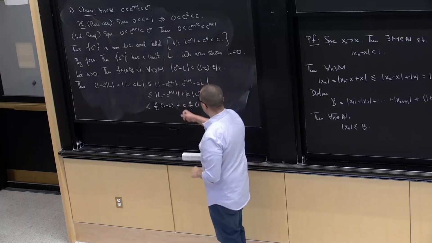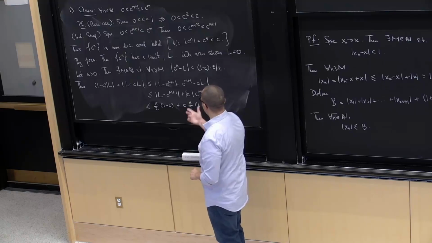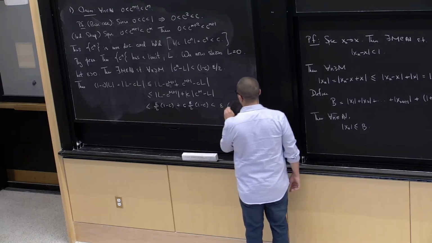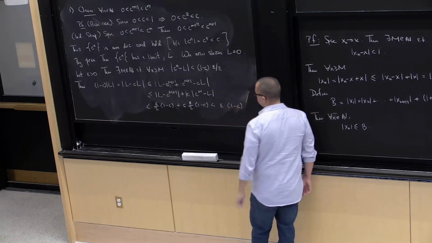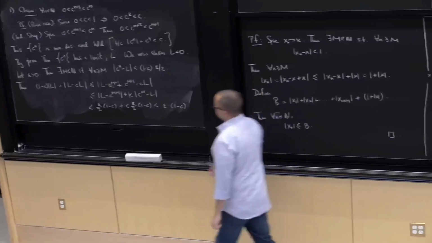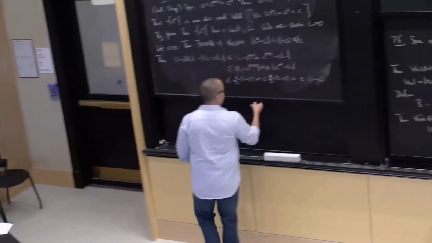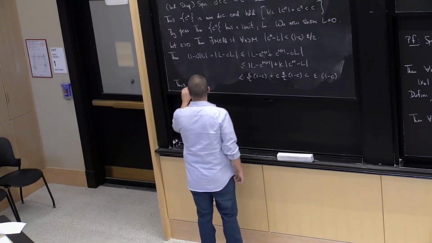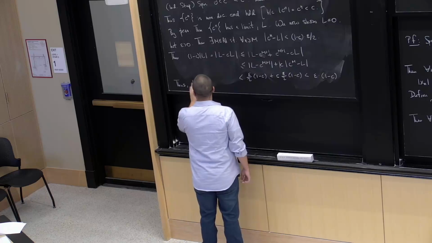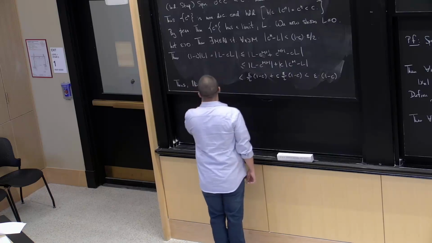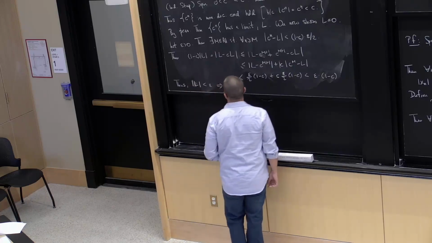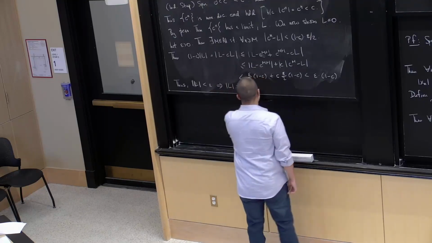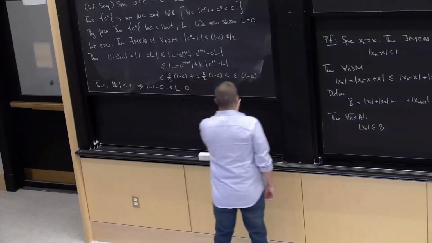And since c is less than 1, this whole thing is less than epsilon over 2 times 1 minus c, plus another epsilon over 2 times 1 minus c. And thus, the absolute value of L is less than epsilon. And since epsilon was arbitrary, that implies the absolute value of L is equal to 0, i.e. L is equal to 0.